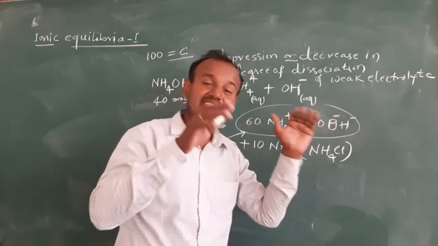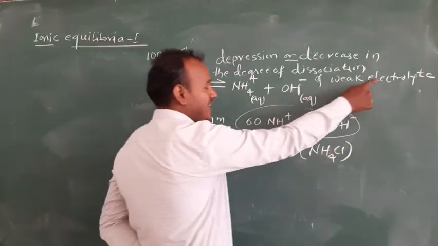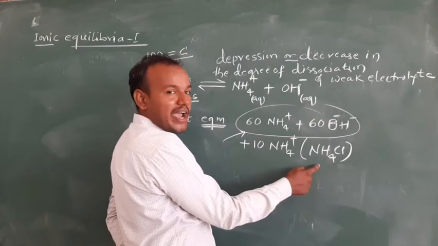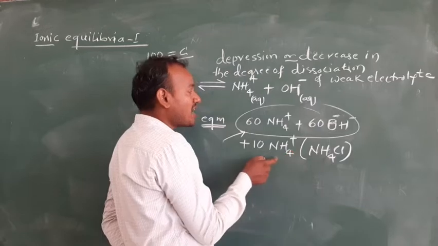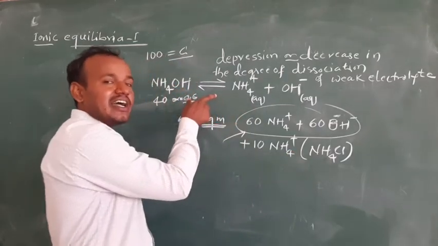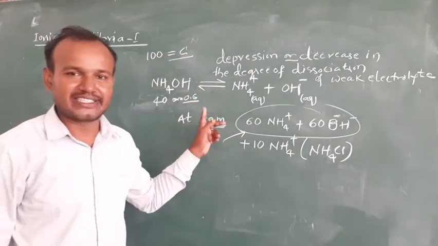In what way is it decreased? The degree of dissociation of a weak electrolyte is decreased when a strong electrolyte having a common ion to the weak electrolyte is added to it.